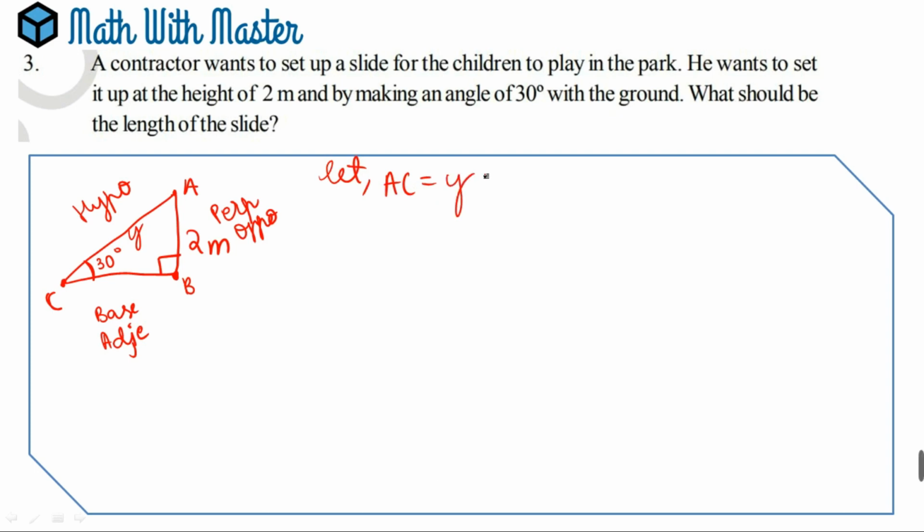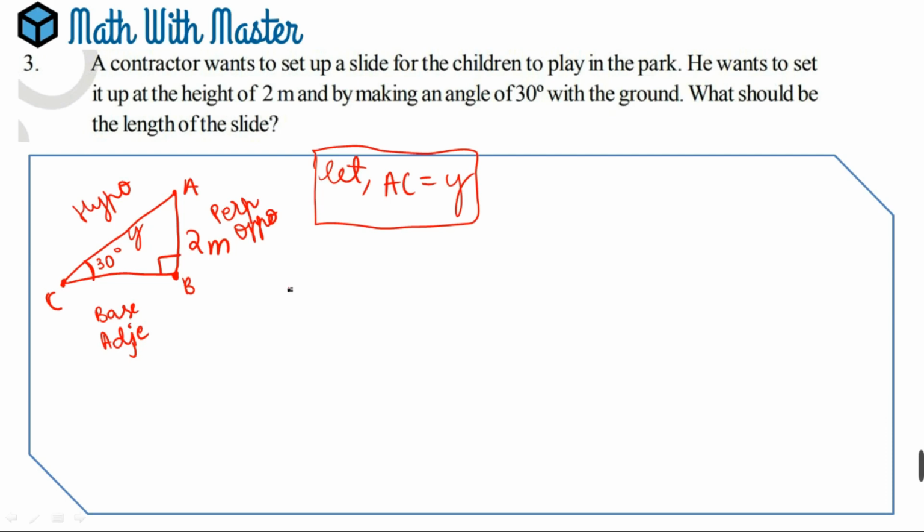After letting AC as Y, now we should see what trigonometric ratio should be used here. Here we should use the trigonometric ratio sine or cosec, sine theta or cosec theta, because we want to find the hypotenuse and we have the value of the perpendicular.